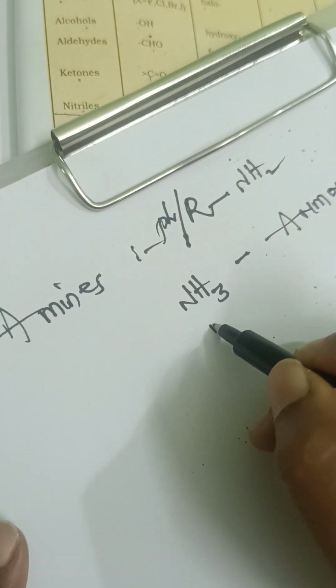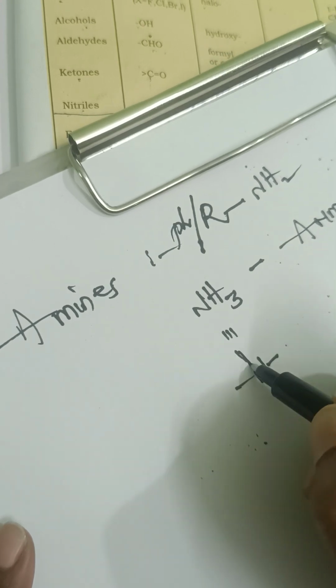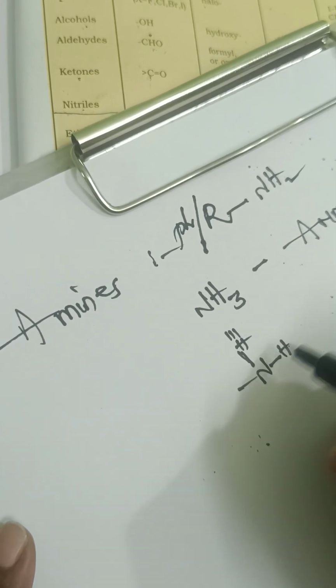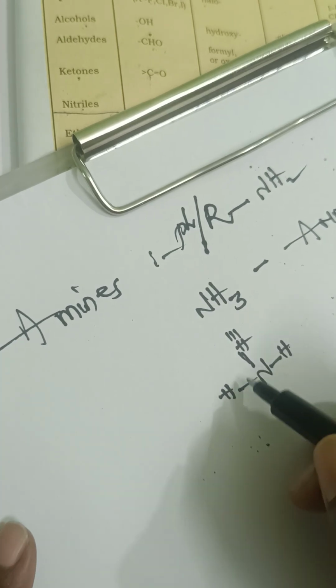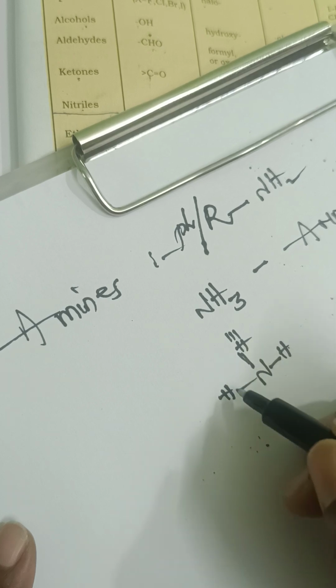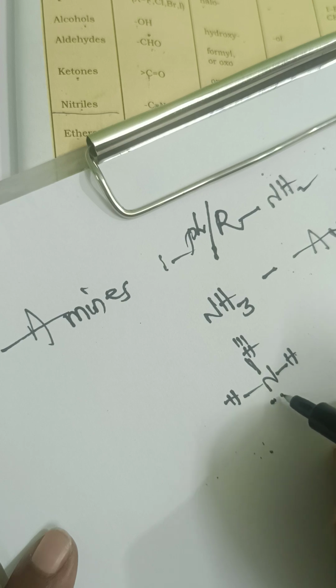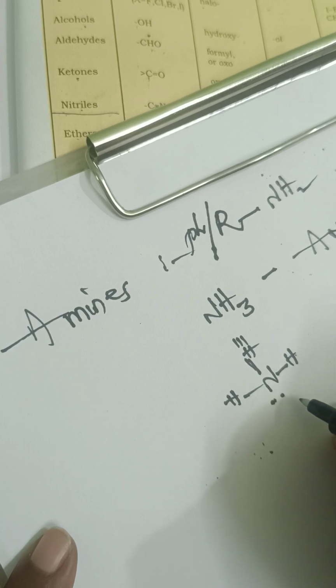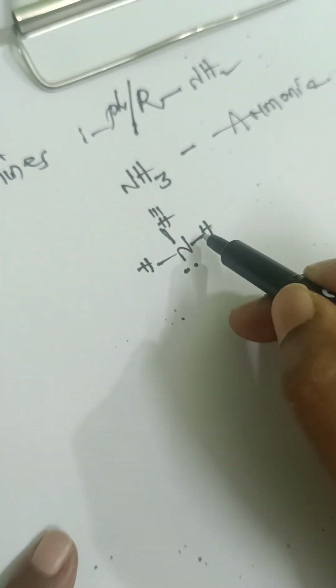NH3 can also be written as hydrogen, hydrogen and hydrogen. Nitrogen can combine with 3 other atoms or elements, which may be the same or different. One lone pair of electrons will be present on nitrogen. Here 3 hydrogens are there.